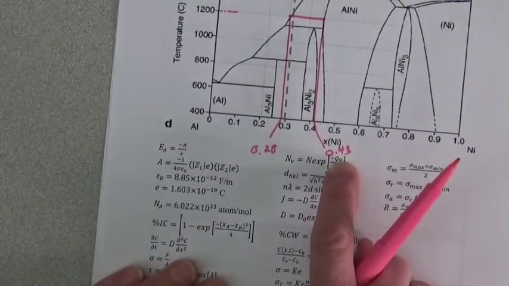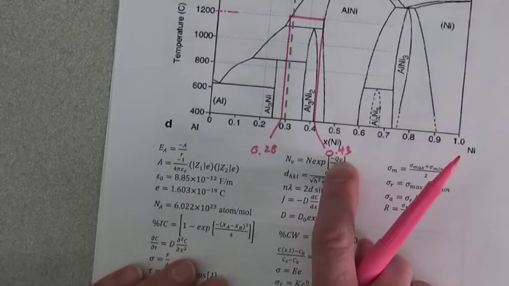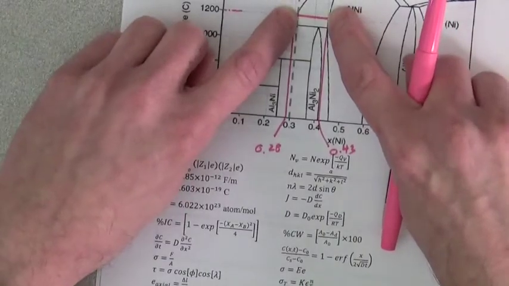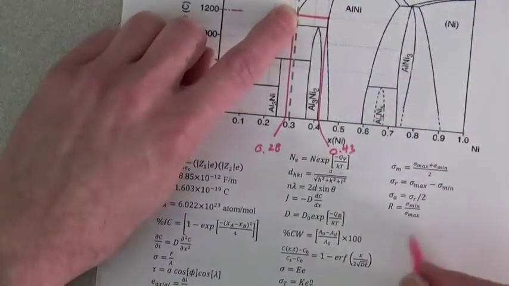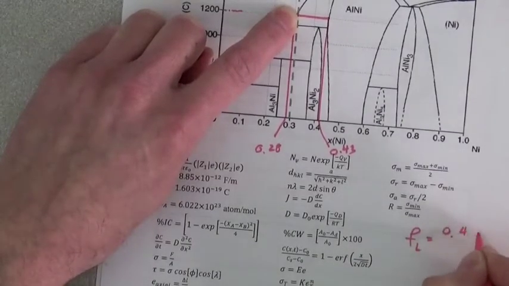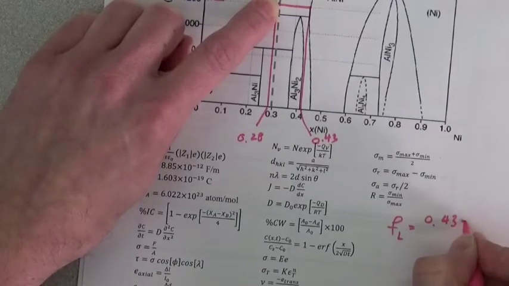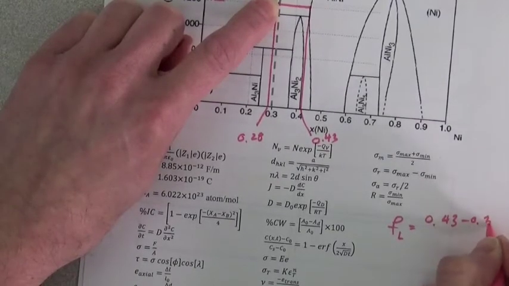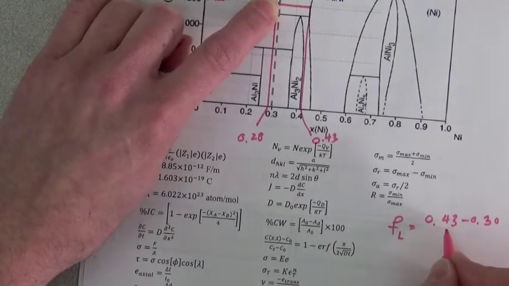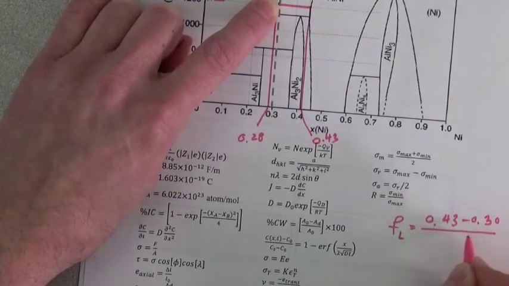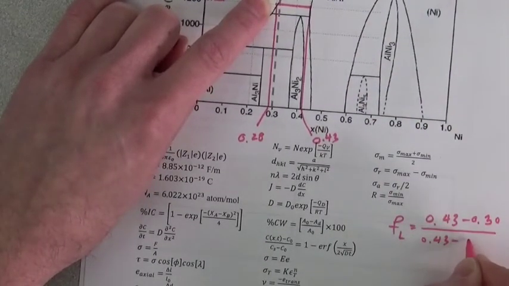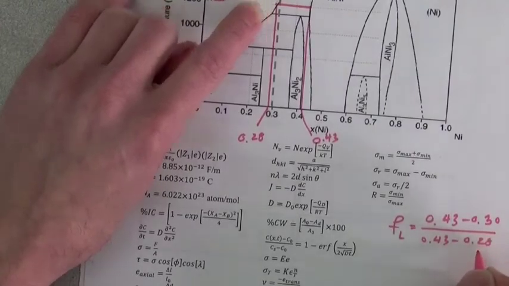And then if we want to talk about the phase fraction, we see that it's mostly liquid, right? And we also know from the inverse lever rule that we're taking this distance, so we take FL is equal to 0.43 minus 0.30 over the total distance, which is 0.43 minus 0.28.